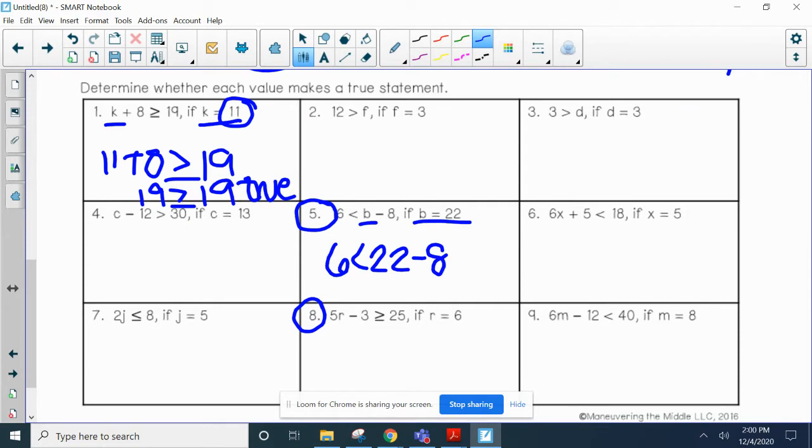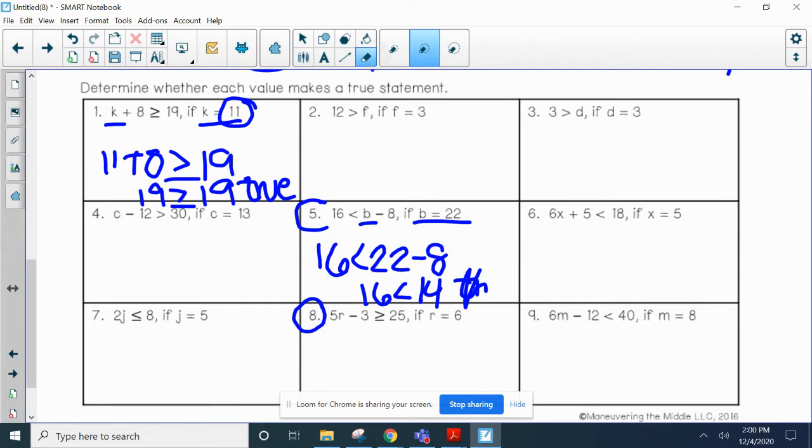And what is 22 minus, and this is not 6, this is 16, but I covered up the 1. What is 22 minus 8? That's right, it's 14. So is 16 less than 14? No. So it's false.